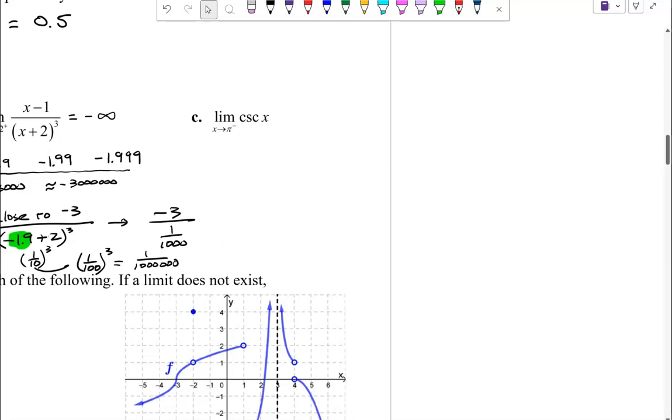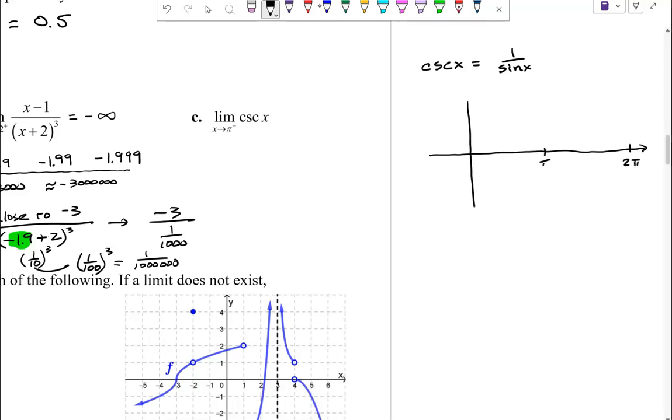With part C, we want to find the limit of cosecant x as x approaches pi from the left. So first of all, let's remember that cosecant x is equal to 1 over sine x. And if we think about the graph of sine x, it looks something like this.